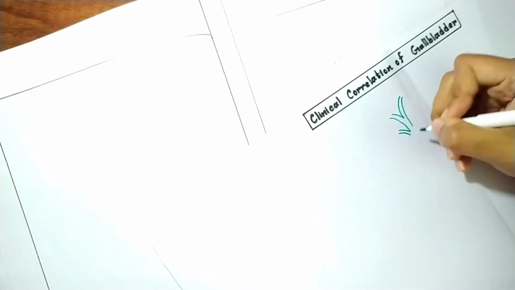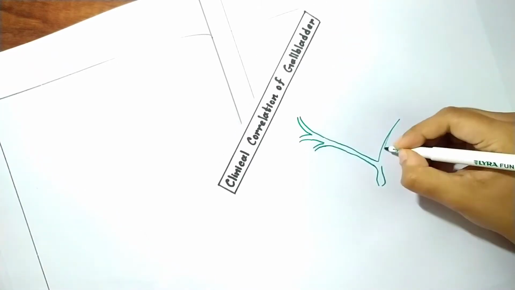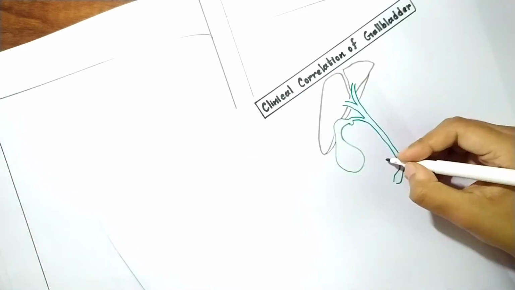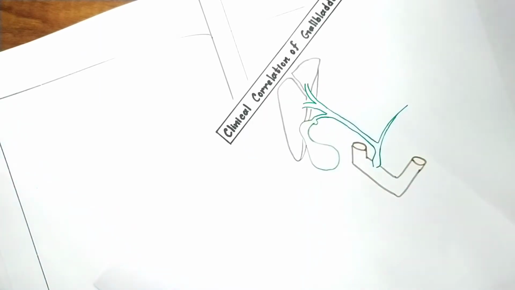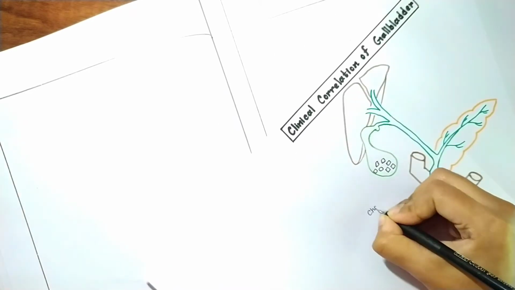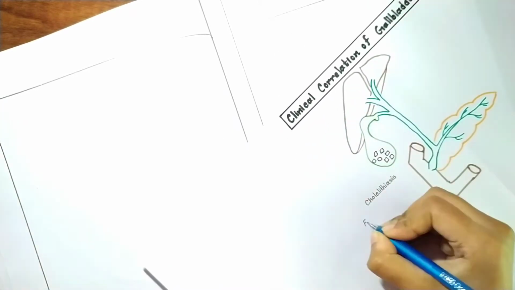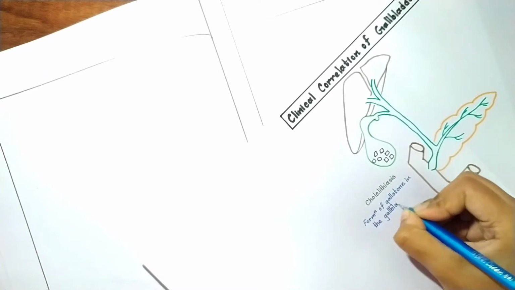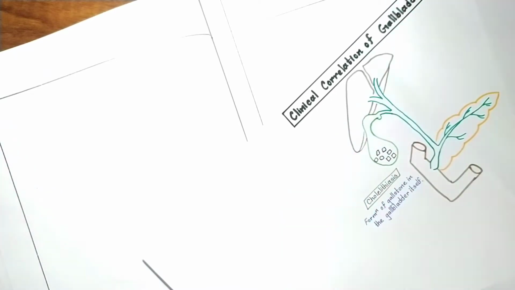For this, again I would like to draw the outline of biliary apparatus. Cholelithiasis means formation of gallstone in the gallbladder itself.